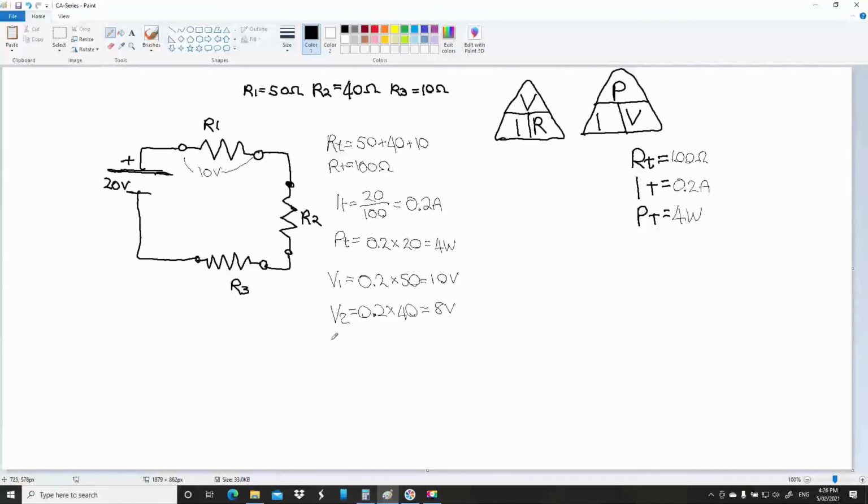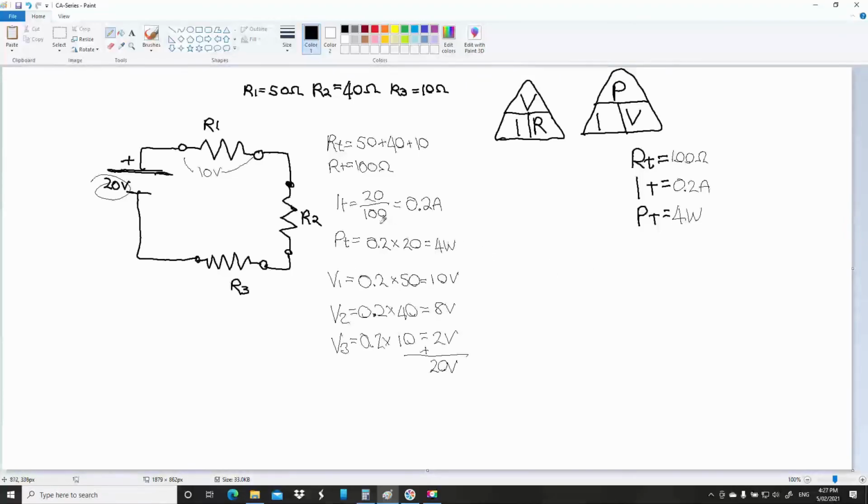Okay, let's do the final one, V3, 0.2 multiplied by the 10, that should be 2. Alright, so now if we actually sum all these up, you can see straight up that's 20. That's correct.